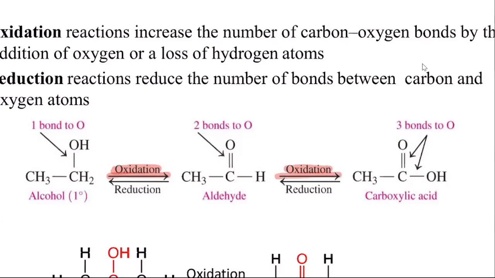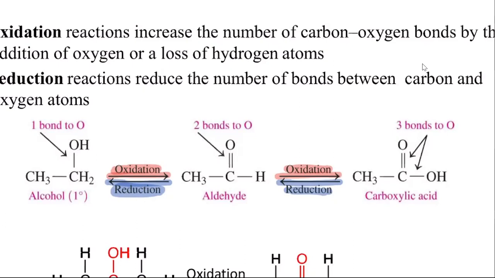Then, if things are getting reduced, it's going to be the arrow going in the other direction. That's reduction. So overall, this is how I want you guys to know oxidation and reduction reactions. In this class, you guys are not going to be able to predict the products in terms of drawing the reactions, but you will be able to identify a particular functional group.